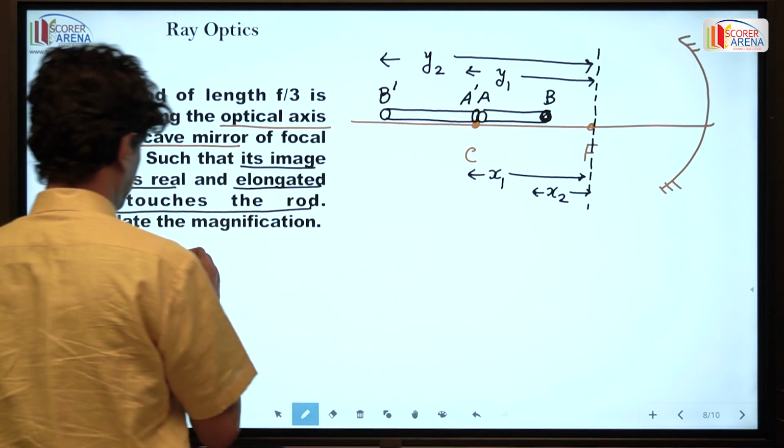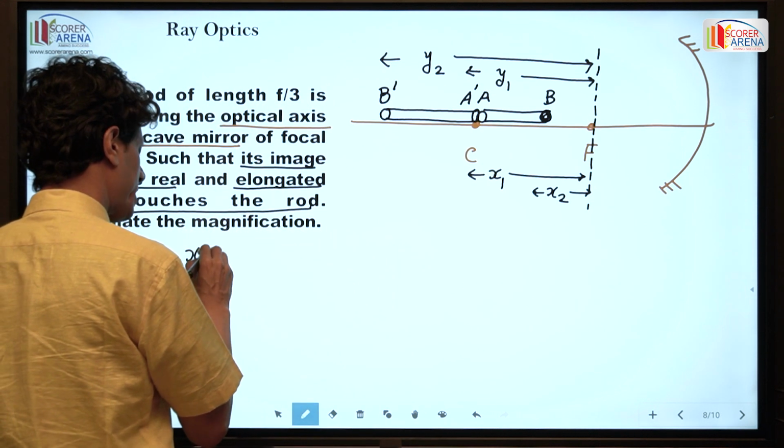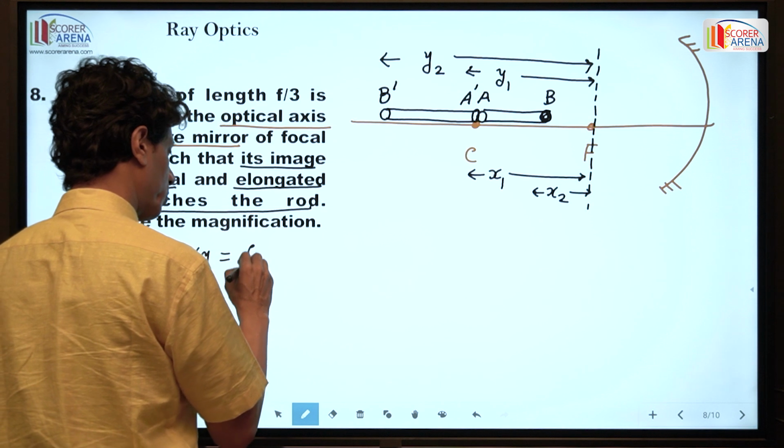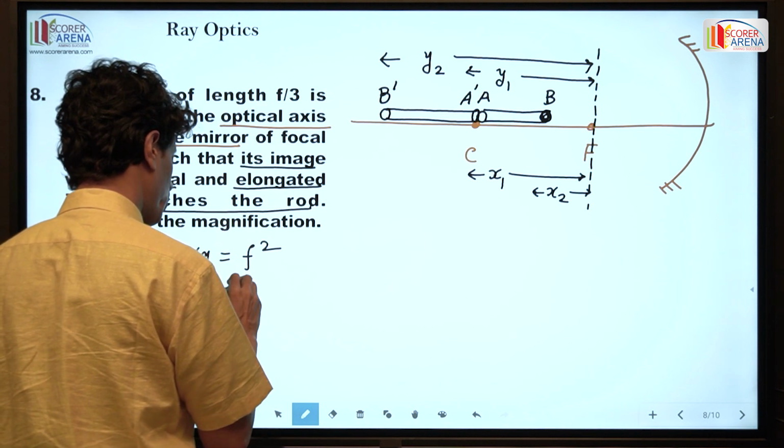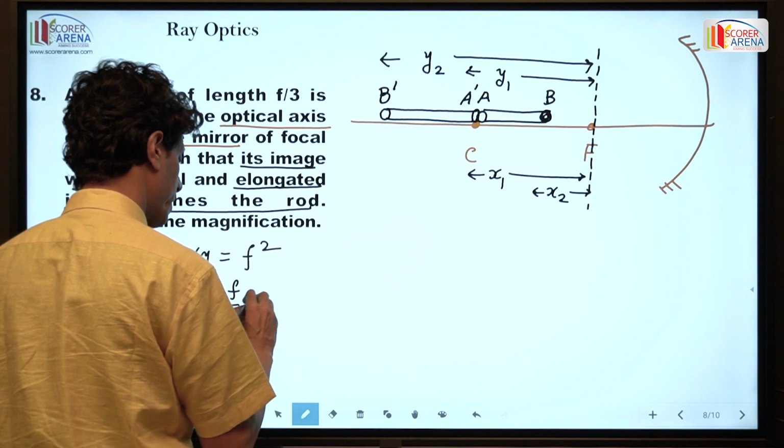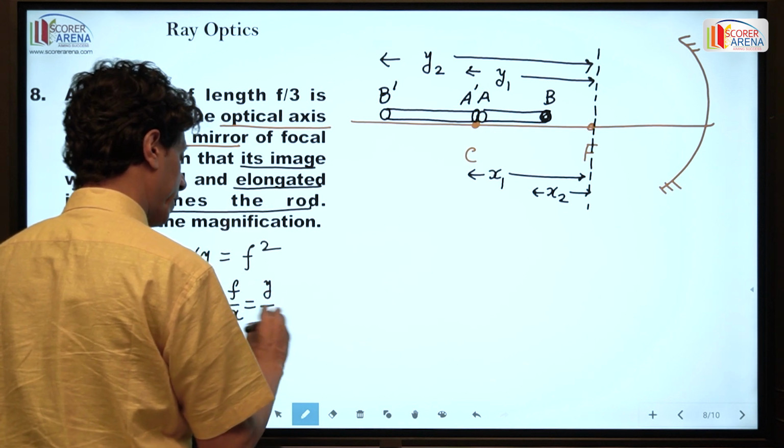So in the Newtonian concept, xy is equal to f square and magnification is equal to f by x, y by f.